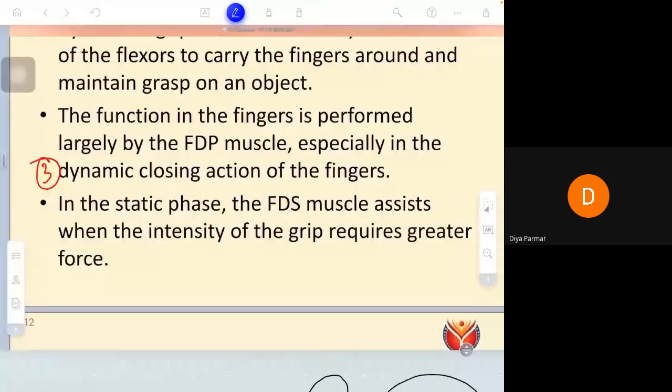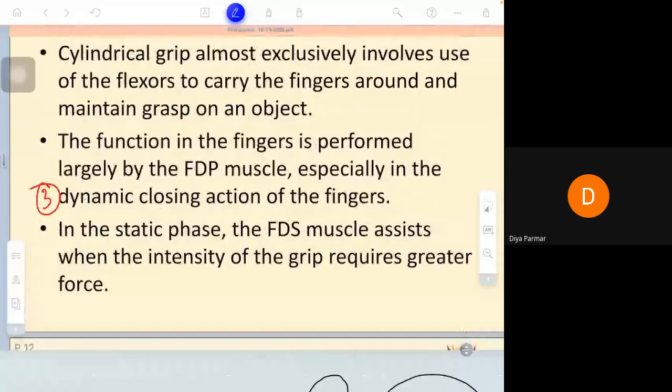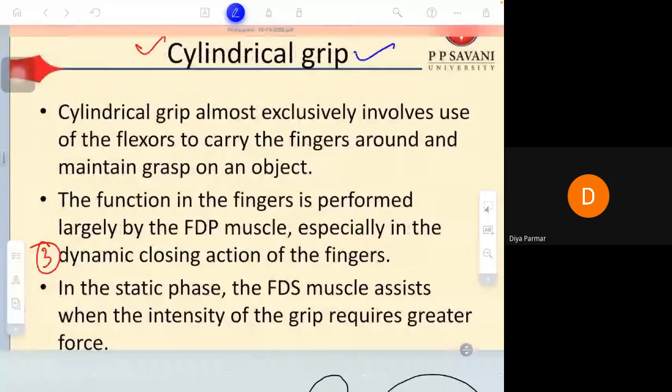So here what we discussed: in cylindrical grip, the function of the fingers is performed largely by FDP.